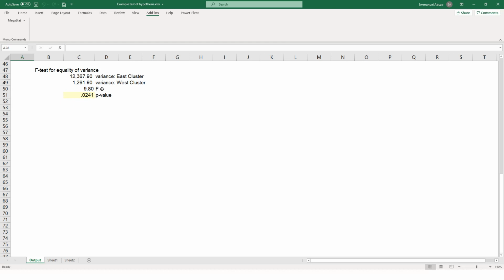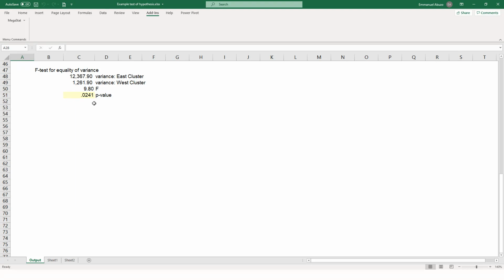And here, as we can see, the cell for the p-value is shaded. If the cell for the p-value is shaded, it means that it is less than 0.05. Since the p-value here is less than 0.05, then we are going to reject the null hypothesis. So this is the easiest way to determine the significant difference between the variances of two samples. So that's how we are going to do it using MegaStat.